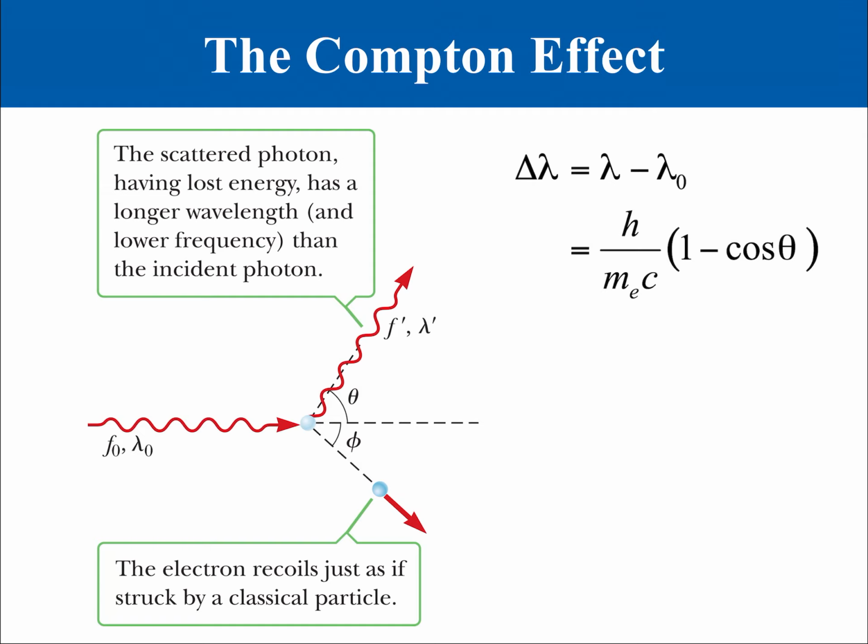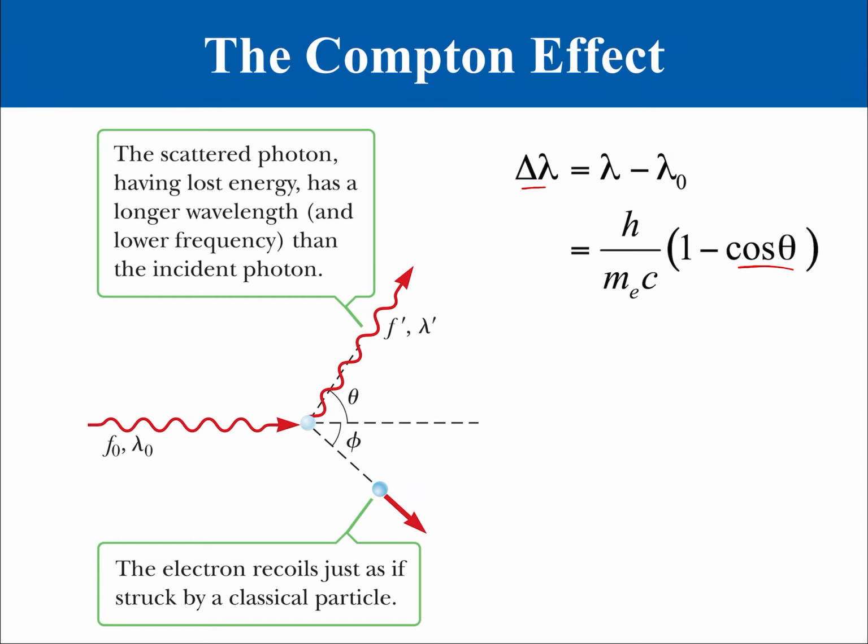This shows us a relationship between the angle theta that the scattered photon travels at relative to its original path, and the change in wavelength of the photon.